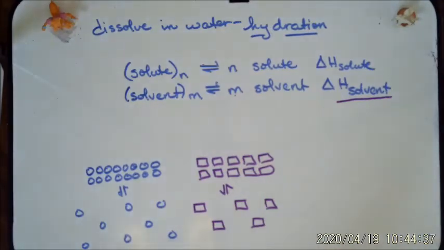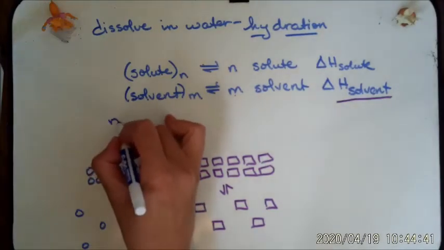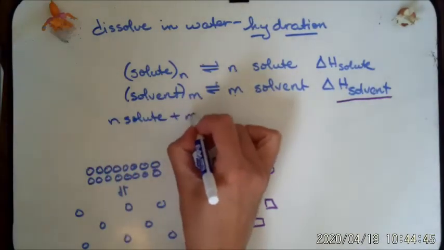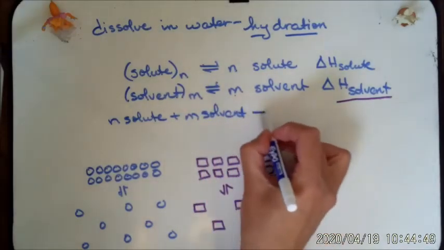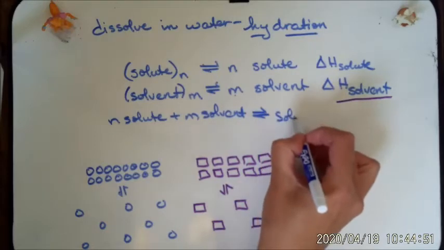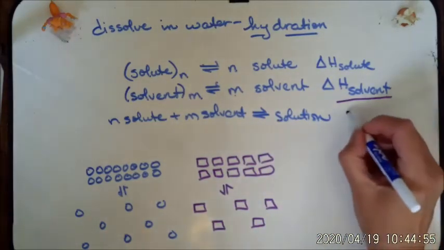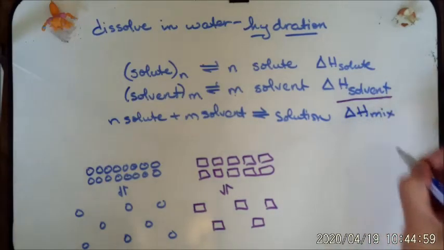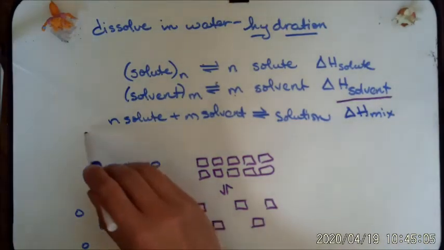Now, if I take my n solutes plus my m solvent, and I make my solution, remember we said that's mixing. So it takes some amount of energy to mix it. So here's what happens.